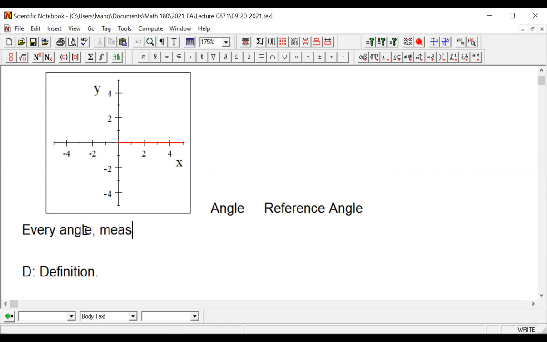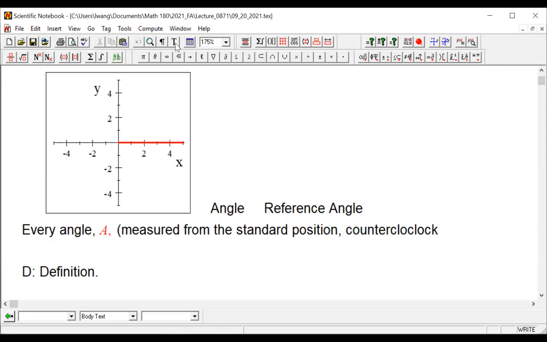Every angle, I'm going to call it A, implies that this angle is measured from the standard position, counterclockwise or clockwise, any way you measure it. That's what this angle is about.